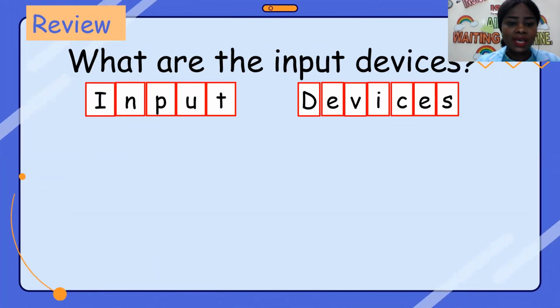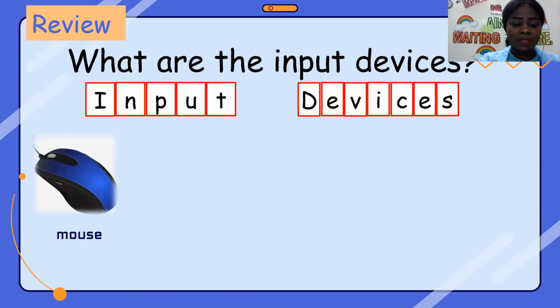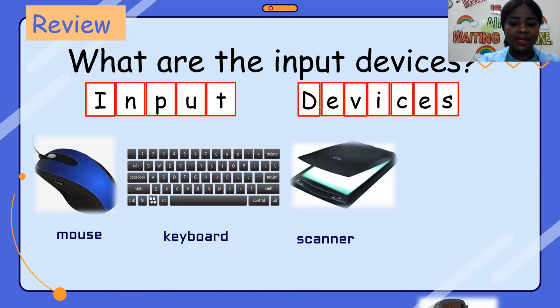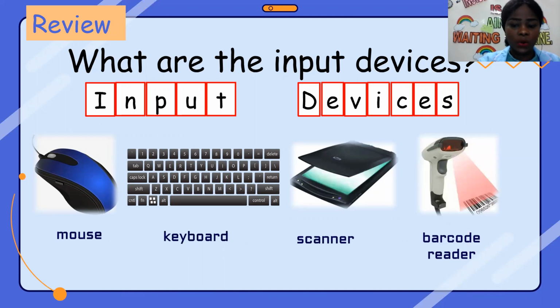Now, let's quickly take a review on our previous topic. Last week, we talked about what are the input devices. Now, let's review our past lesson by identifying the input devices. We talked about the mouse, the keyboard, the scanner, and the barcode.